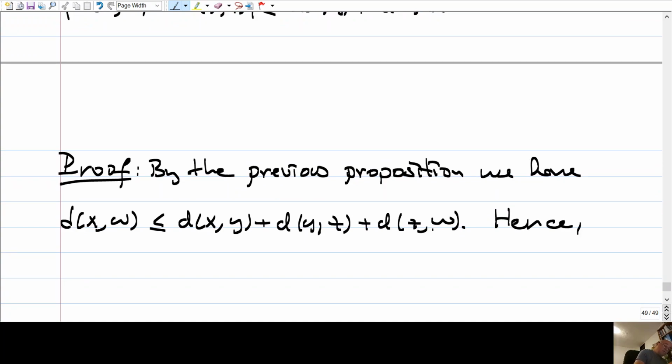So, hence, taking this term to the left hand side, we get what? d(x, w) minus d(y, z). No, I am taking this one to the right hand side.